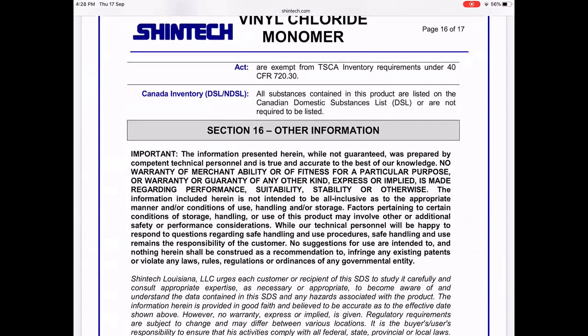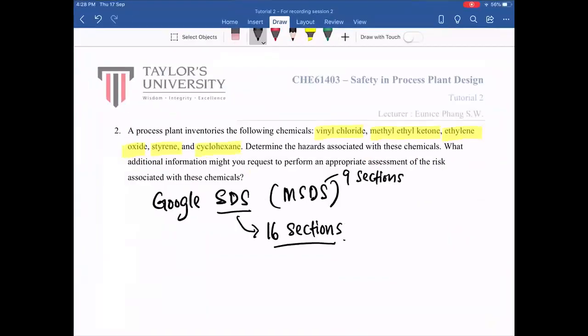Any questions so far? So this is only one chemical. You are supposed to study all 5. Then you come up with the list on what you want to do. If you are the chemist or the chemical engineer for this lab or this storage area, what is your plan on how you want to store them?